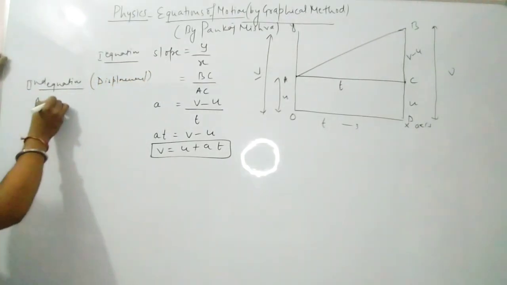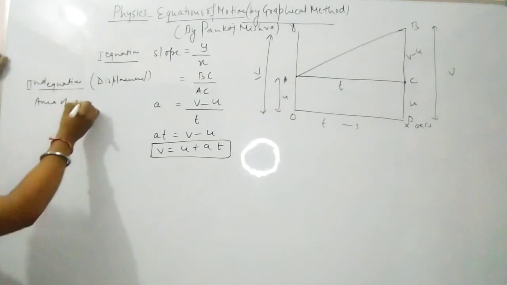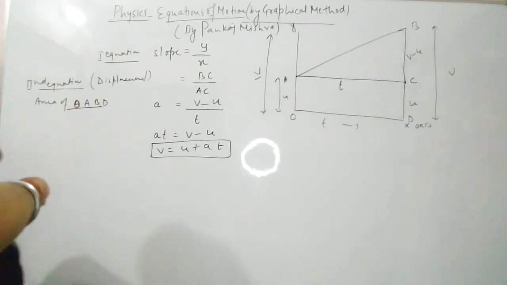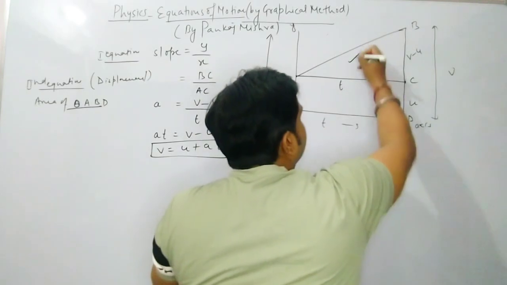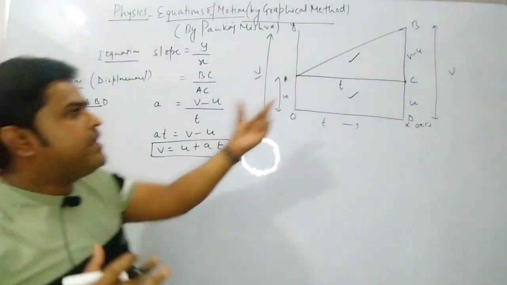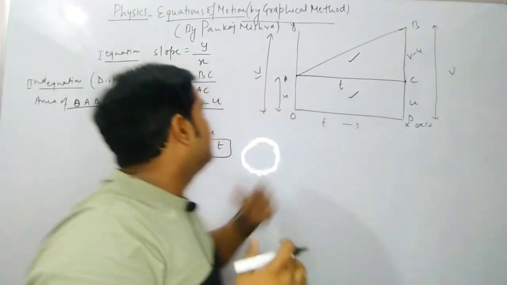So area of O, A, B, D. This is a trapezium. In this trapezium, you can see there is one triangle and one rectangle. So we will just add the areas of this triangle and this rectangle.